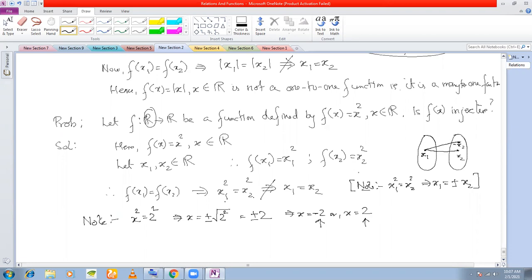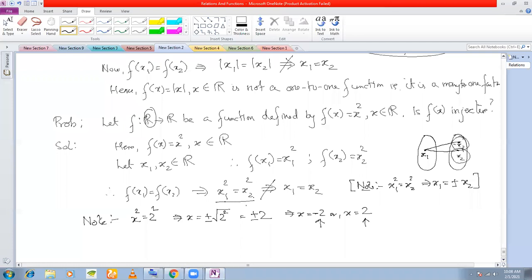That means, is it a function? Can you say it is injective? It does not have a distinct image. It has two images. It does not have distinct image. So therefore, you cannot say x1 is equal to x2 in case of this.